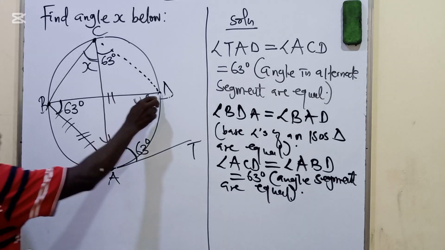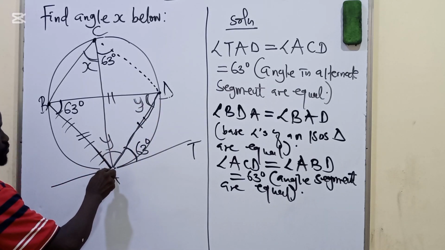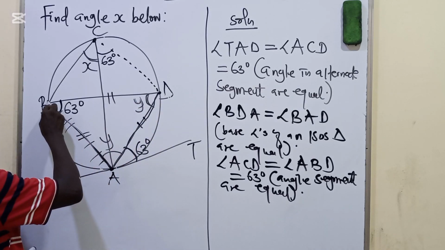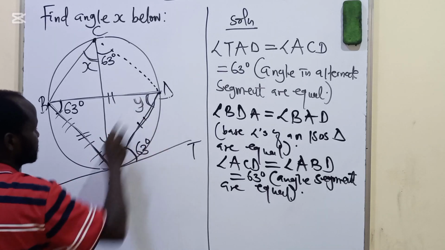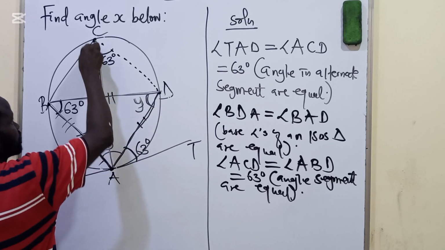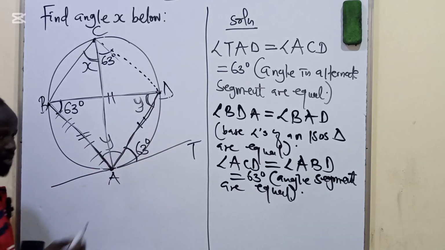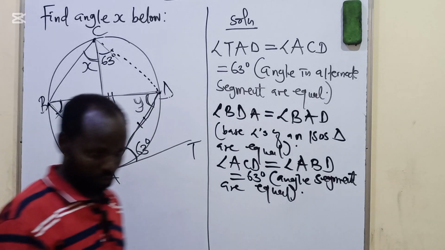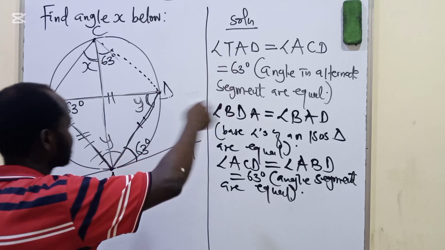If we use chord A to D, this triangle is coming from the chord going into it. That triangle is also coming from the chord going into it. So a triangle from the same chord will form the same angle at the circumference.